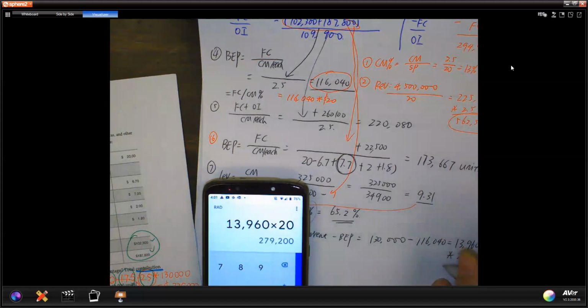So your margin of safety in dollar amount.